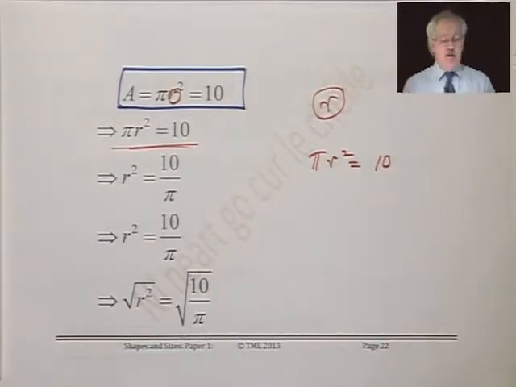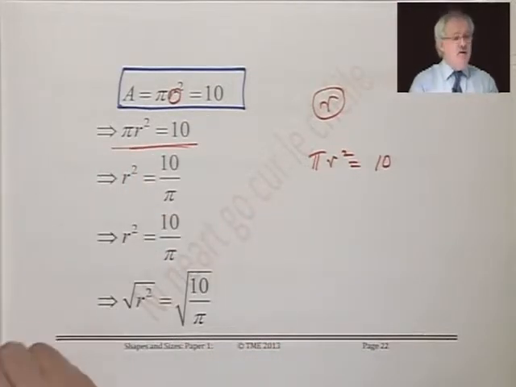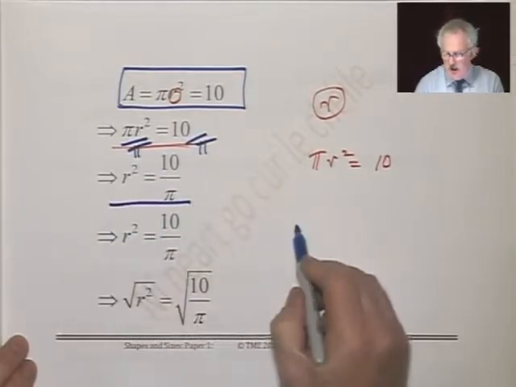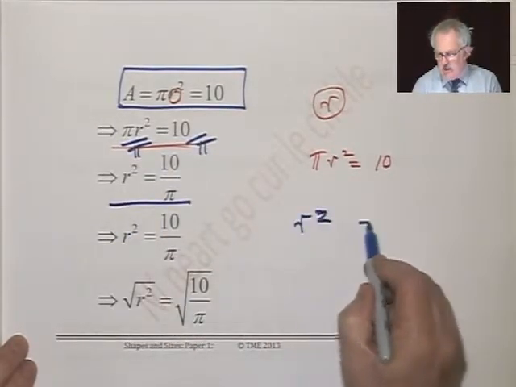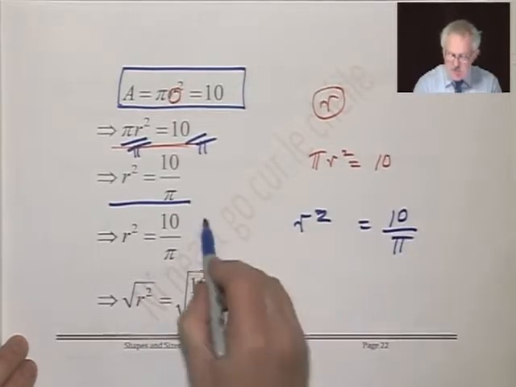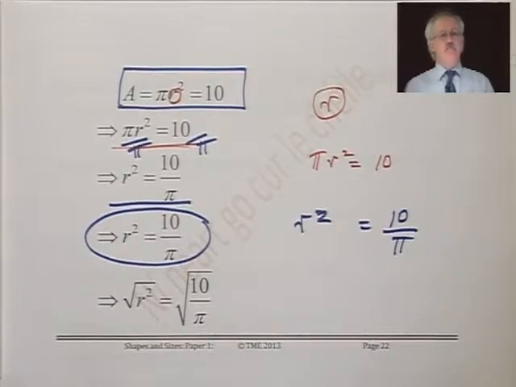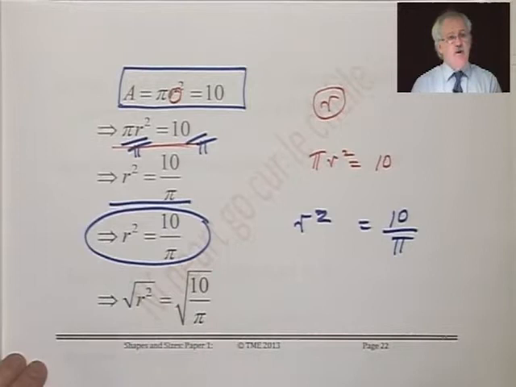It's on the left-hand side. Pi is a multiplier. You get rid of a multiplier by dividing. So r squared is 10 over pi, which we have here. And how do we get rid of a square? What's our unlocking key for a square? The square root.